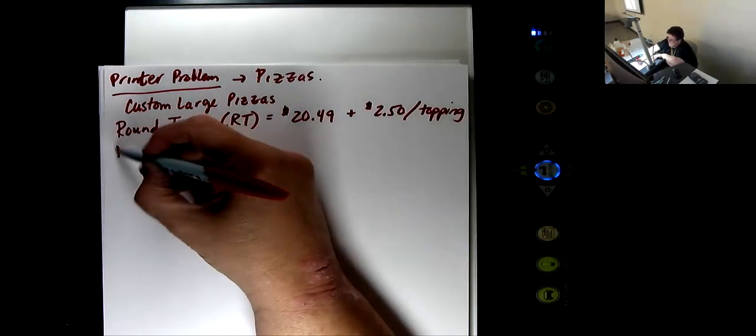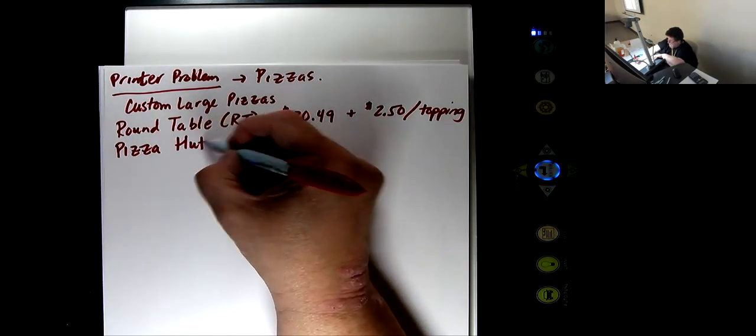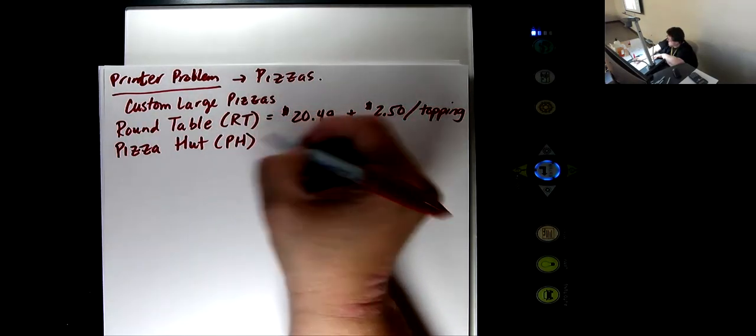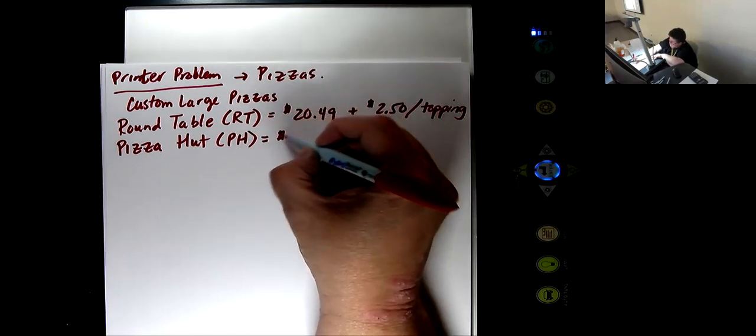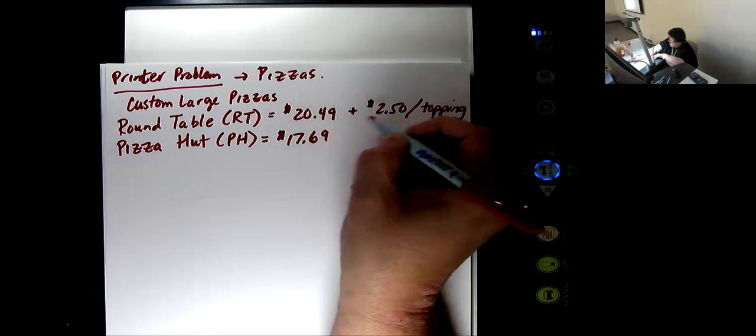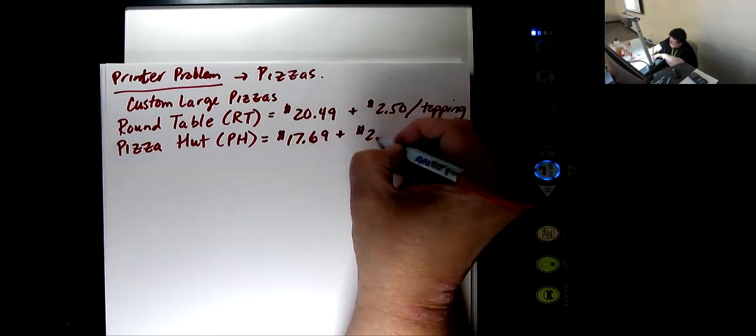Pizza Hut is the other one we're going to look at. So I'll use PH for this one. This one had $17.69 as a base price plus $2.90 a topping.